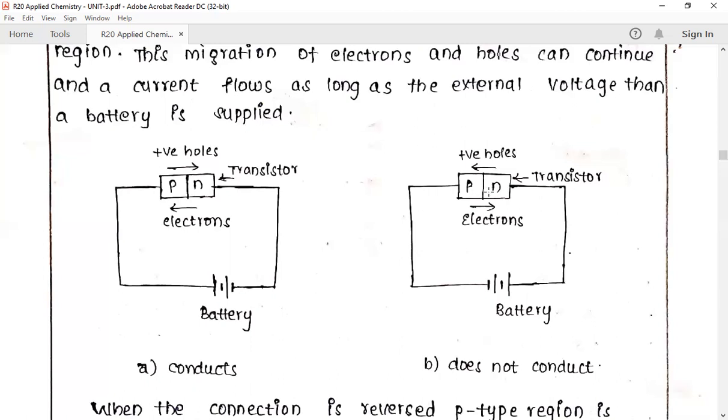The width of the depletion layer, I already told you this region is known as a depletion layer, increases. As a result, no current flows. And this phenomenon is known as reverse bias.